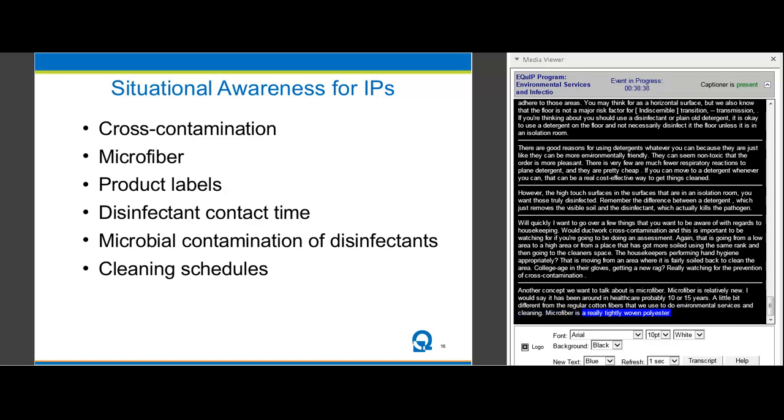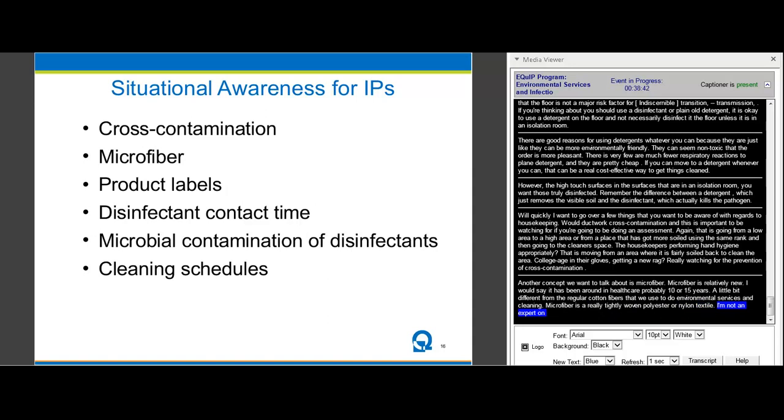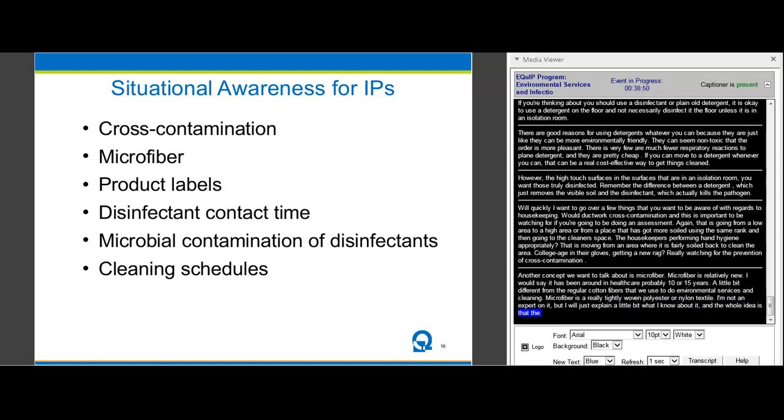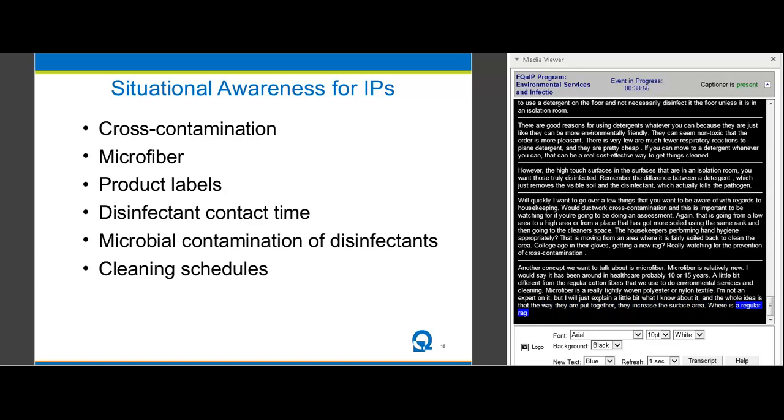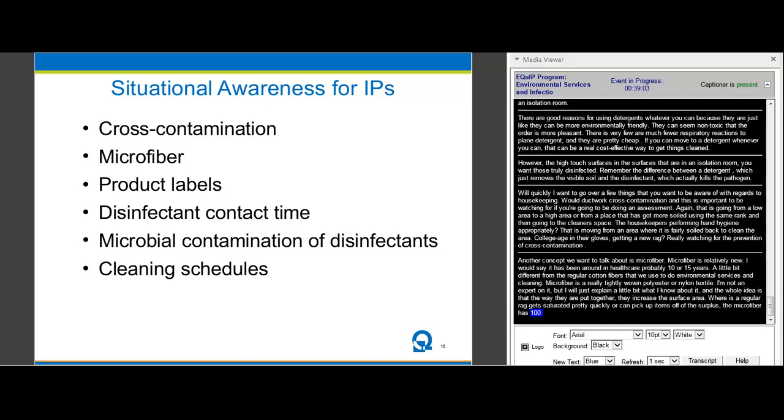And I'm not an expert on it, but I'll just explain a little bit what I know about it. They're tightly woven, but the way they're put together, they increase the surface area. So whereas a regular rag gets saturated pretty quickly, the microfiber has 100 times more surface area and can pick up and hold more debris than a regular rag.